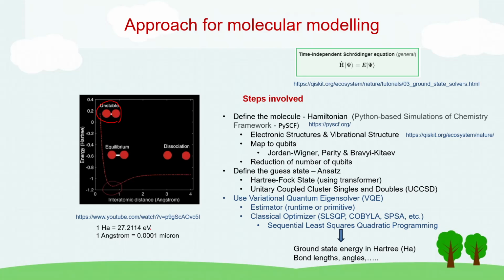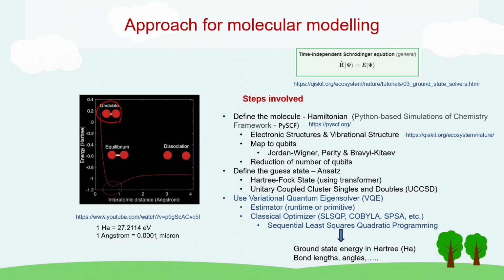The electron volt represents the kinetic energy of an electron when you apply a 1 volt potential difference. Similarly, 1 angstrom, given in a known unit, micron, we are all familiar, is 0.0001 micron.